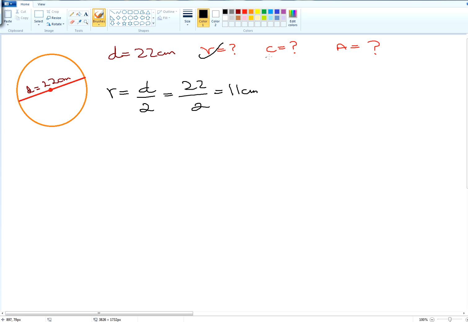Next is the circumference. Now we're going to use the other formula. Circumference is equal to pi times d.